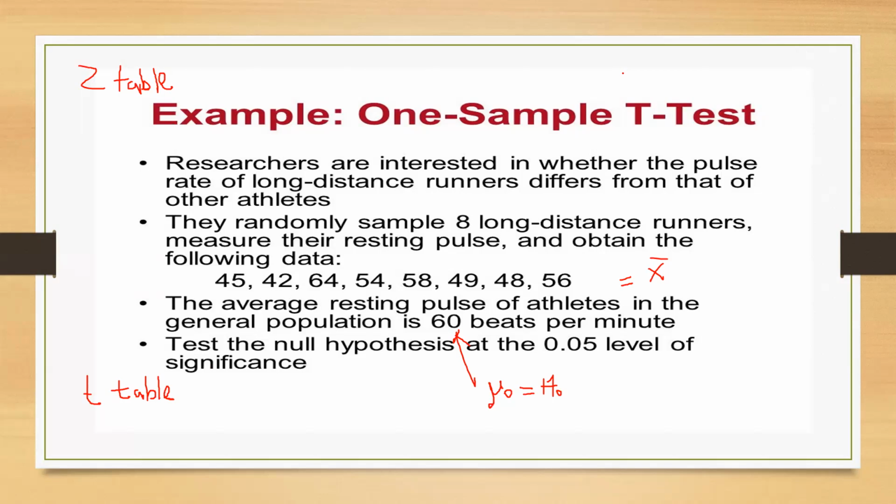Is that clear? Can you recall all that? The Z table is the normal distribution table. The T table is also a normal distribution table, but with a sample size less than 30. So it's a different table entirely.